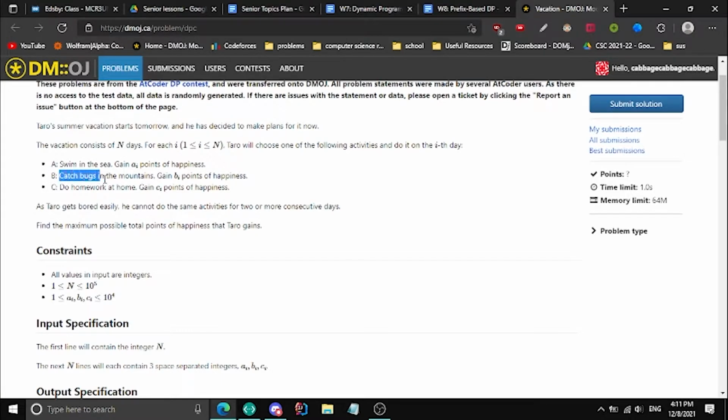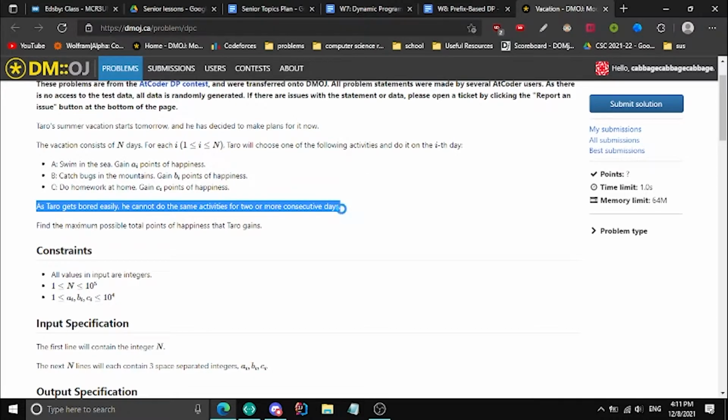Activity B, catching bugs, gains B I points of happiness. Activity C, doing homework, gains C I points of happiness. An important part of the problem is that he cannot do the same activity for 2 or more consecutive days. We need to find the maximum possible total points of happiness that Taro gains.